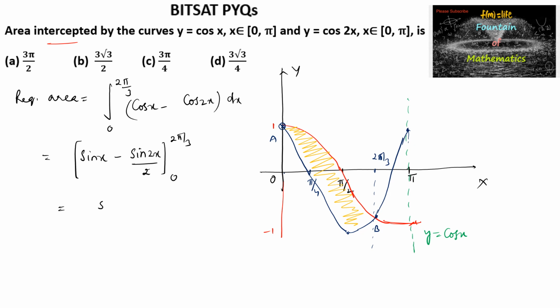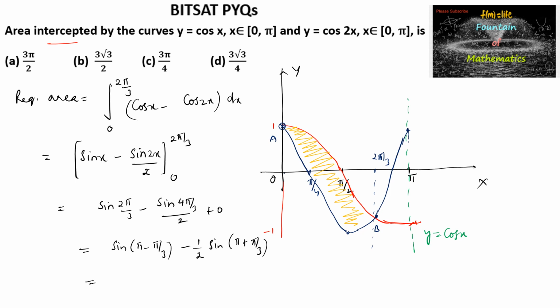So we can write sine 2 pi by 3 minus sine 4 pi by 3 divided by 2, and again the lower limit will be 0. So sine 2 pi by 3 is sine pi minus pi by 3, and 1 by 2 times sine pi plus pi by 3 is 4 pi by 3.